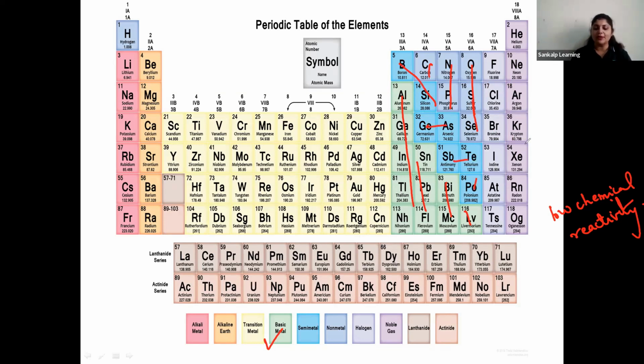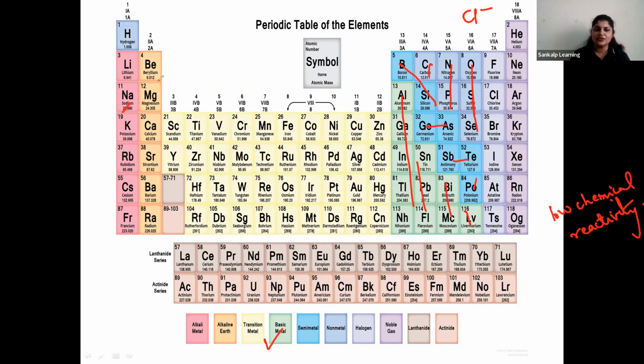Now what do you mean by metals? Metals are electropositive in nature. They have the tendency to give electrons by losing electrons. Then what are non-metals? Non-metals will always take electrons. Electronegative means it will have a negative charge. For example, if Cl takes one electron, it becomes Cl minus.